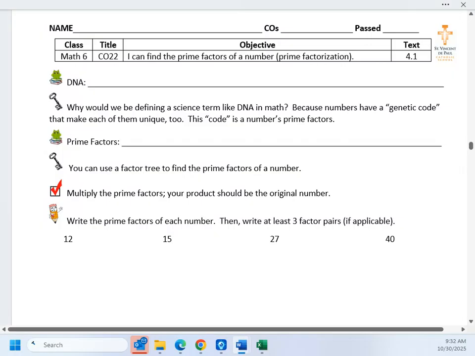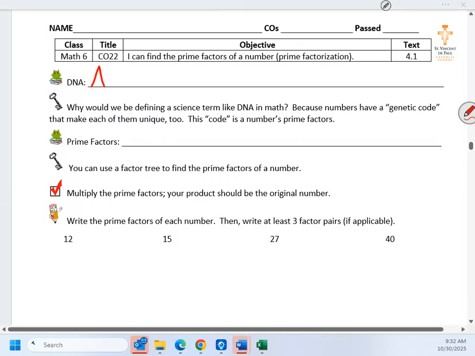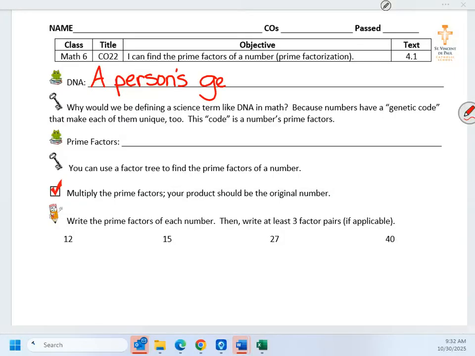All right, so DNA is a person's genetic code. So it's what makes them who they are.